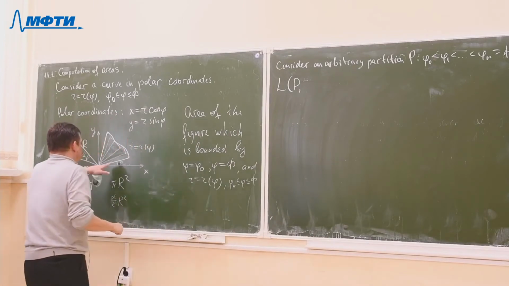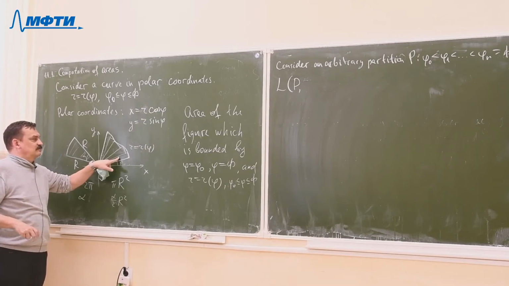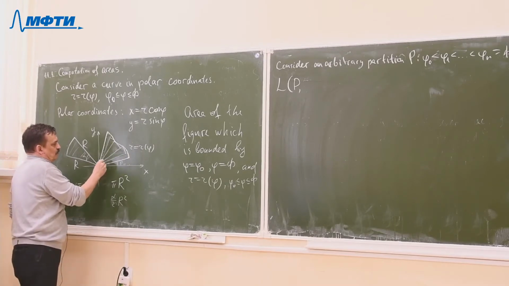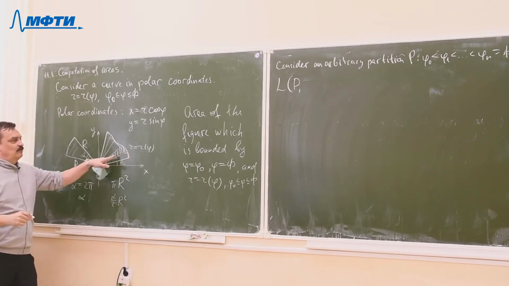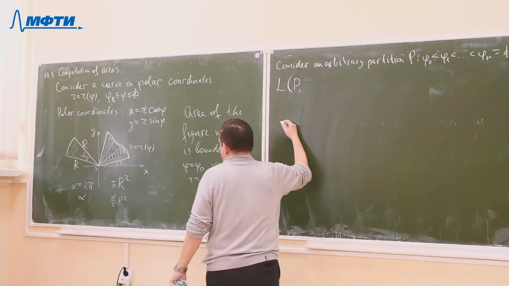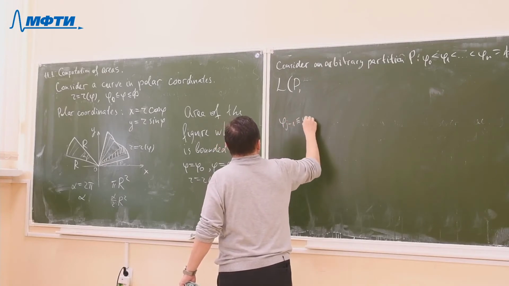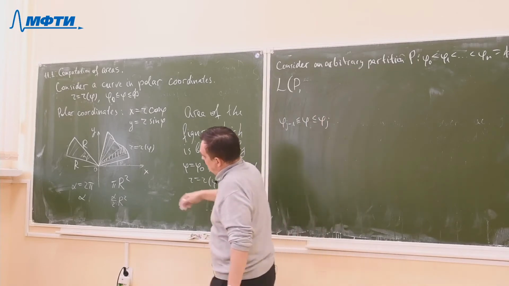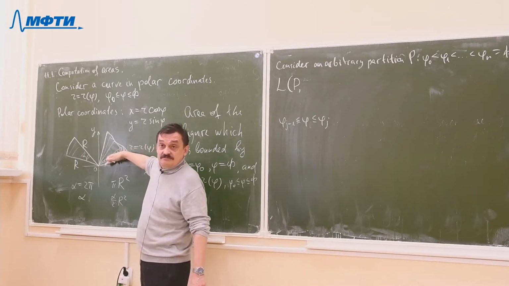Let us compute the area of each of those sectors. Let me consider one of them. One of those sectors is described by phi j minus 1 less or equal phi less or equal phi j. These boundaries are rays, right?